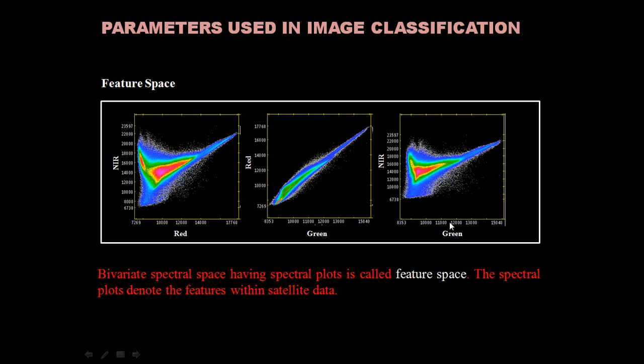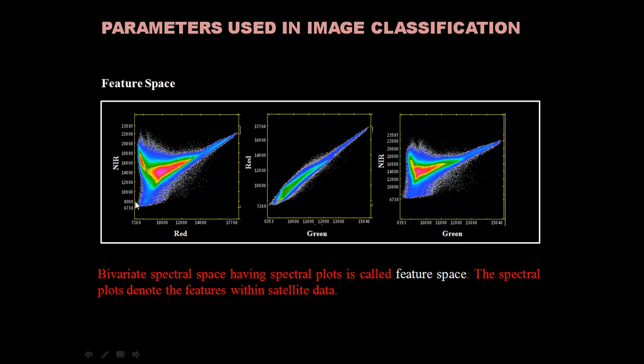as the important variables in the x and y axis. Like for this kind of space, here the red band has been used in the x axis and the near infrared band has been used in the y axis, and as per the values of these two bands, these are the plots, these are the spectral plots.